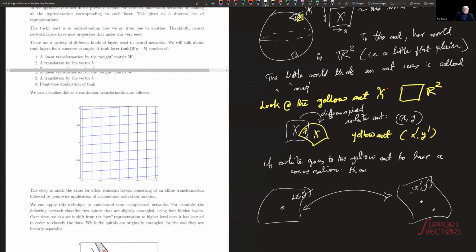So you would agree that once again there's a homeomorphism between these two points. There is some way to tell that (x', y') is some function of (x, y). You can do that.